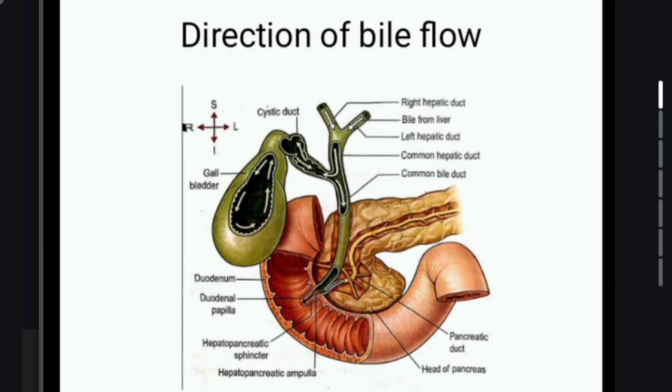I remember I asked this question and many people couldn't get it. So it comes from the liver, goes to the gallbladder, then from the gallbladder through the cystic duct into the common bile duct, and from there it gets into the second part of the duodenum.